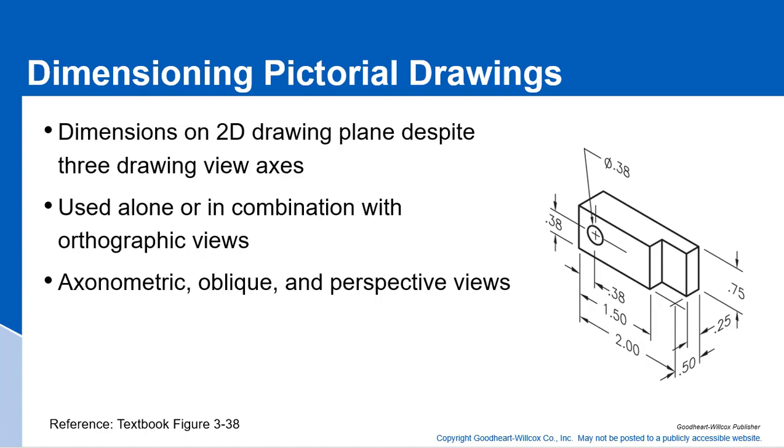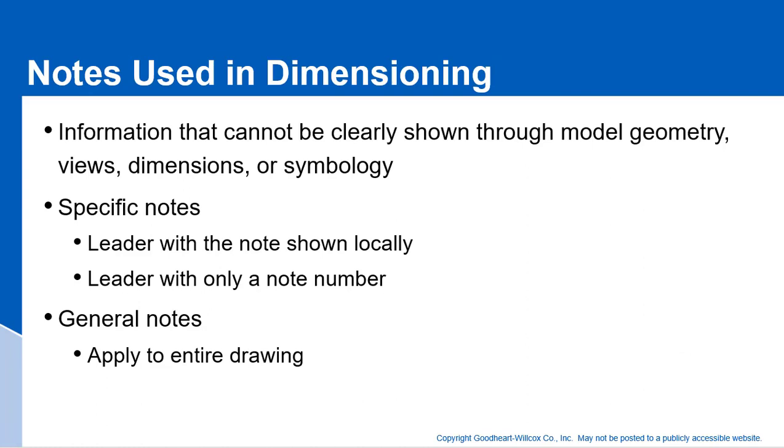So, dimensioning orthographic views. Dimensions on 2D drawing planes despite 3D drawing view axes, used alone or in combination with orthographic views. Okay, notes used in dimensioning. Information that cannot be clearly shown through the model or geometry, you want to use notes.